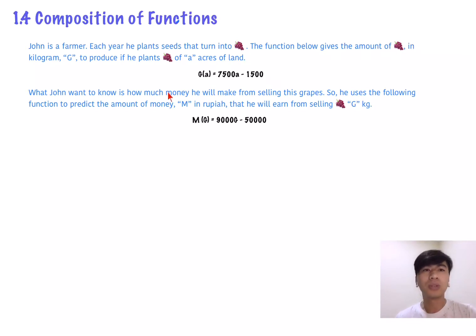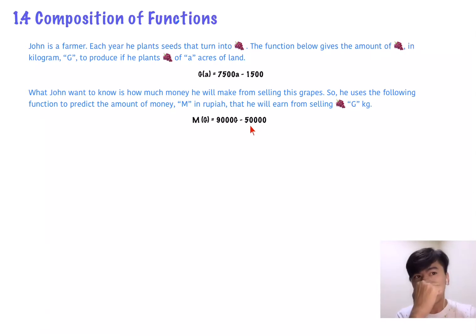What John wants to know is how much money he will make from selling these grapes. So he used the following function to predict the amount of money, M in rupiah, that he will earn from selling G kilograms. M of G is equal to 9,000G minus 50,000.